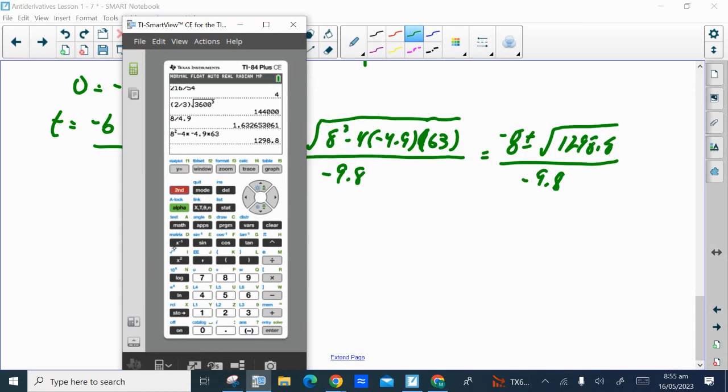So let's take the square root. We'll go negative 8 minus that number, and then divide it by negative 9.8.